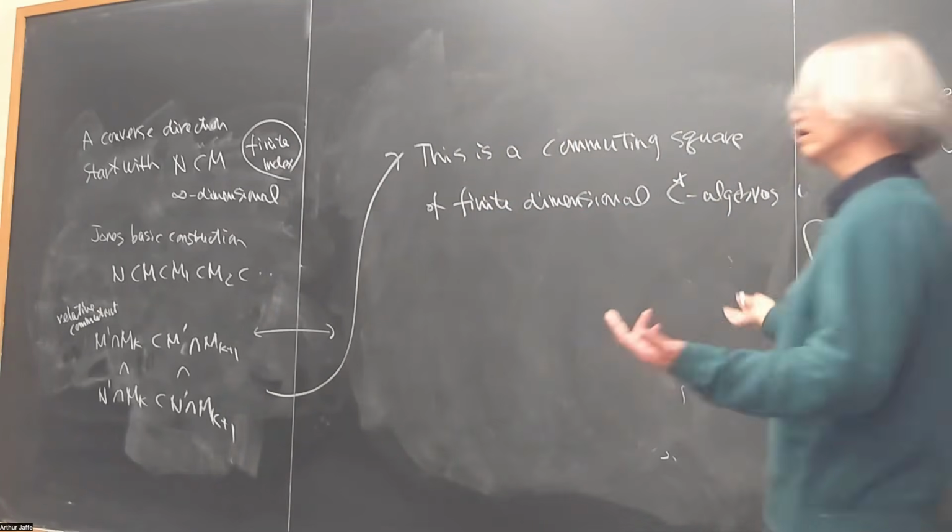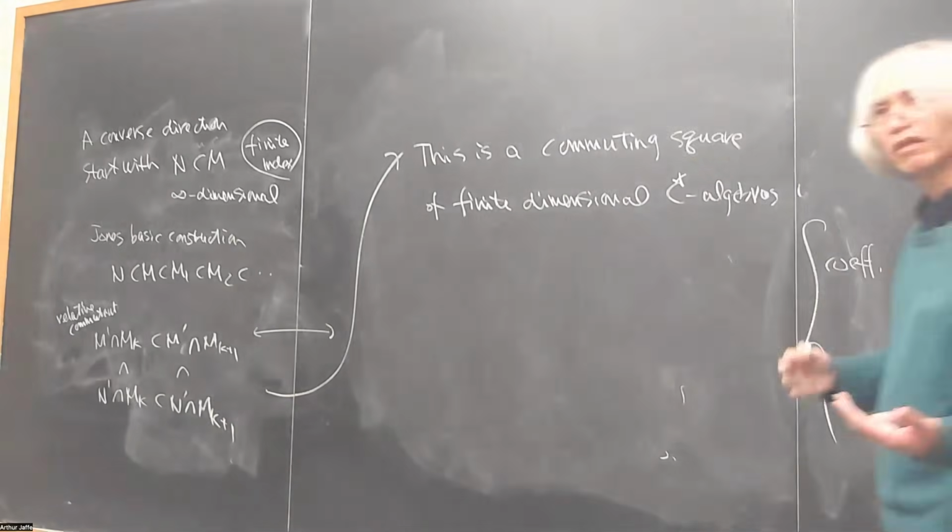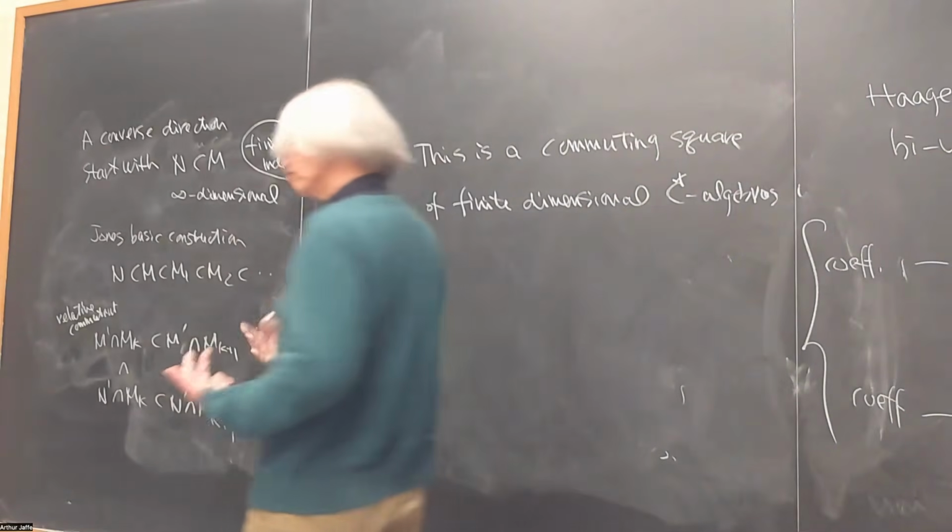So in this way, we can go back and forth between finite dimensional commuting squares and subfactors. But this correspondence is not one-to-one.